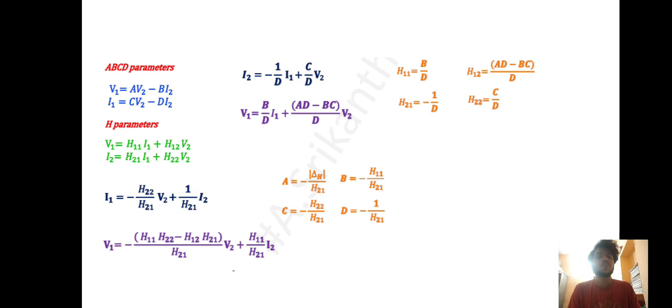V1 equals minus H11 into H22 minus H12 into H21 by H21 into V2 plus H11 by H21 into I2, where A equals delta of H by H21, B equals minus H11 by H21, C equals minus H22 by H21, D equals minus 1 by H21.